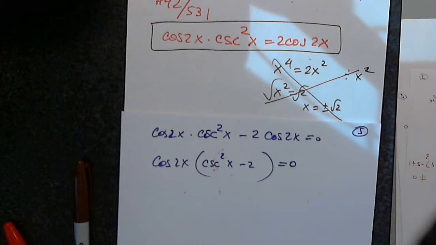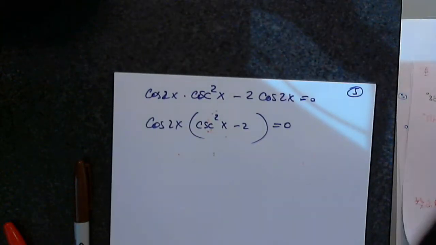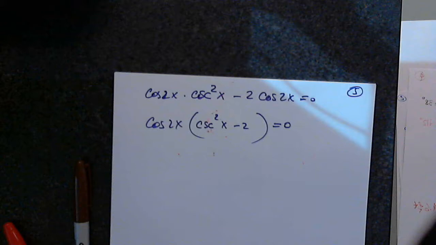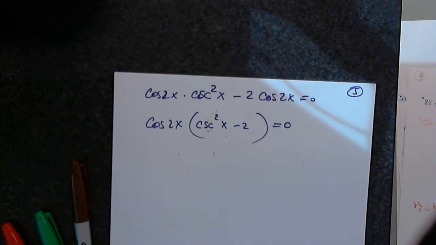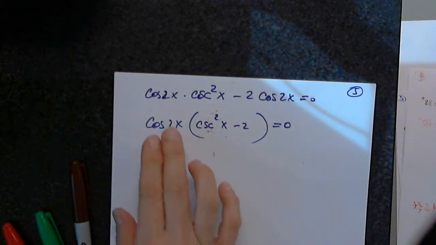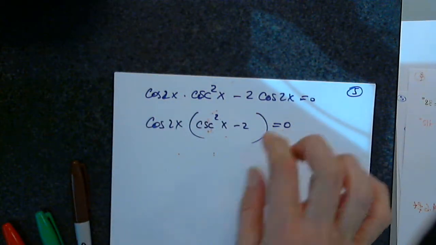I already have one option. What is one option so far? What has to happen here? I have a factor times another factor equals 0.